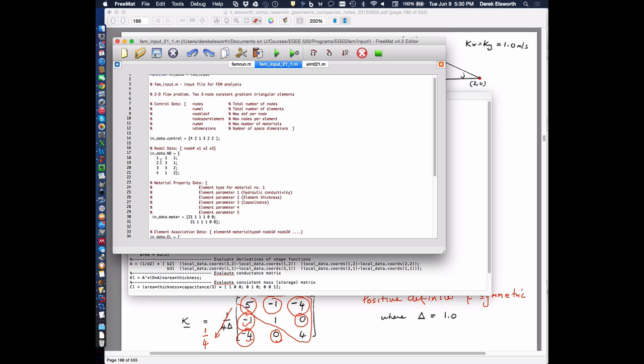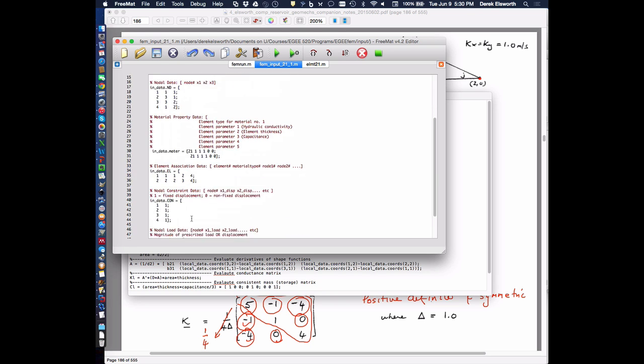Yes. So node 2 is x equals 3, y equals 1. Node 3 would be x equals 3, y equals 2 above it. And this one would be node 4, which is directly above 1, 1, which is 1, 2. So this column are the x coordinates. This column are the y coordinates of nodes 1, 2, 3, and 4.